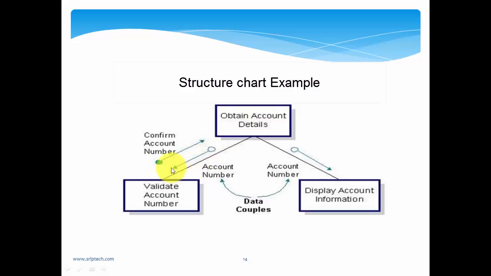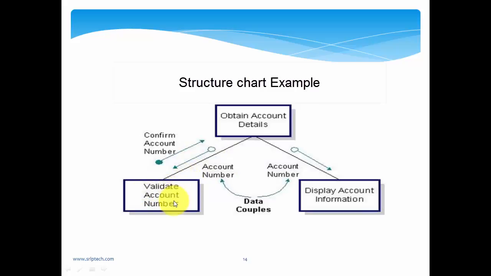This data item is called an account number, which means if I want to validate the account number, I should first send it to check whether that account number exists or not. The data item called account number has to be sent to the module validate account number.